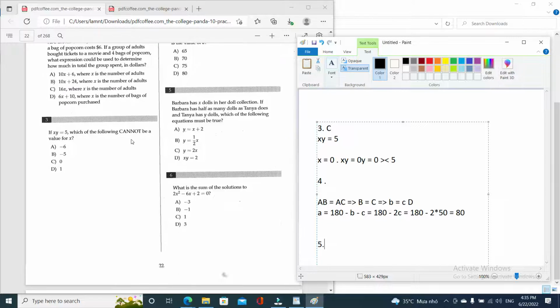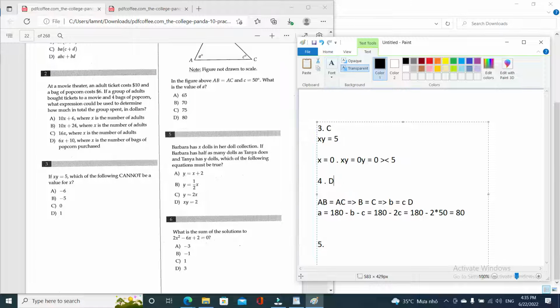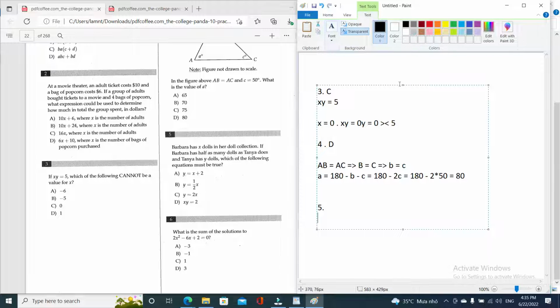Barbara has $X in her doll collection. If Barbara has half as many dolls as Tanya does, and Tanya has Y dolls, which equation must be true?